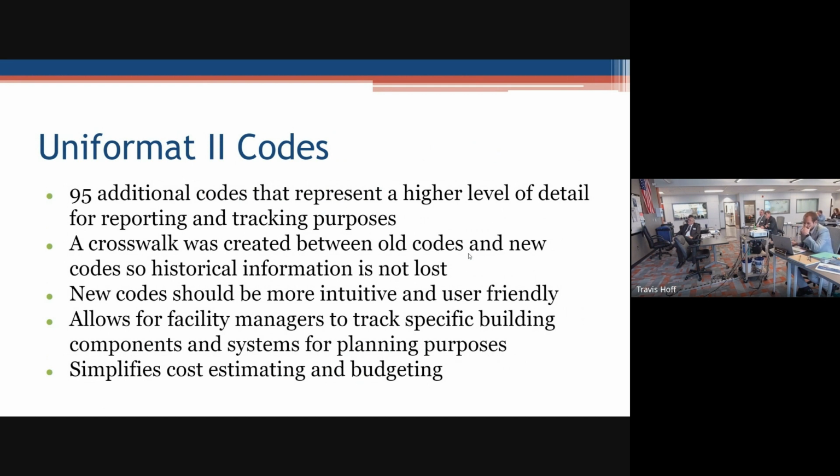It also helps us get a little more specific about tracking our assets and understanding exactly what type of work the districts are doing with their major maintenance, so that we have a better understanding of what needs to be done as well. We've added 95 additional codes from previous tracking. And as you can see, we believe those represent a higher level of detail for reporting and tracking purposes.